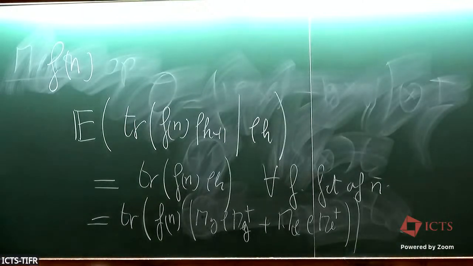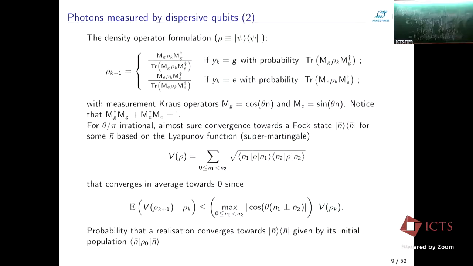And because of this, you deduce very easily. So you know that, in fact, from this Lyapunov function, okay, you converge to a Fock state. And now you see what are the statistics of a convergent point. For the statistics, you have to preserve this. Which means that the expectation value of the trace of rho k and any function of n is constant.